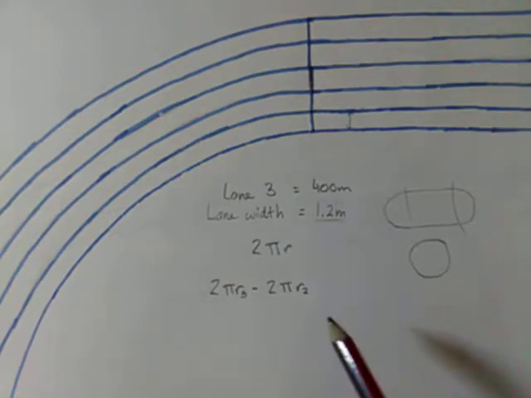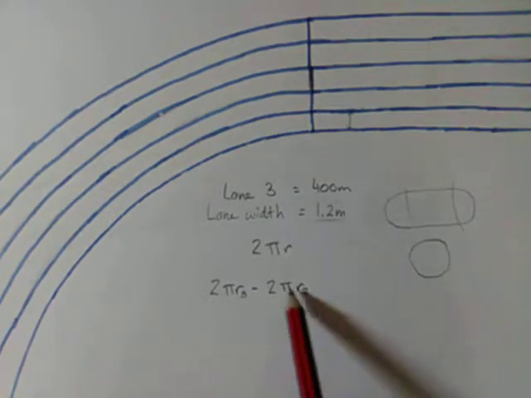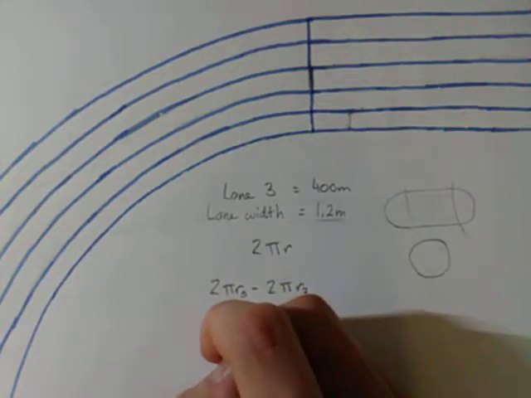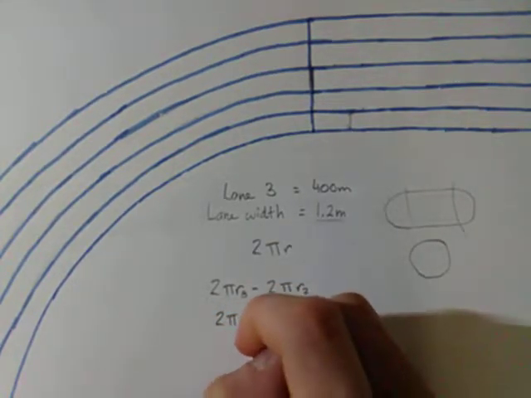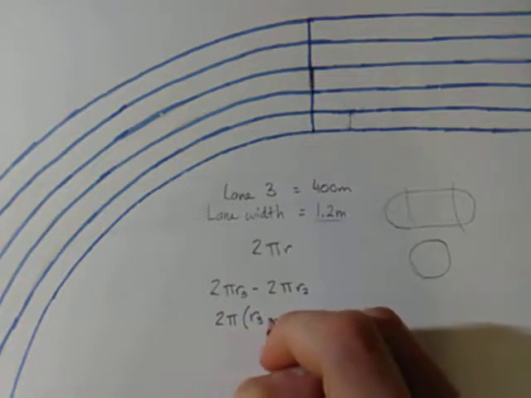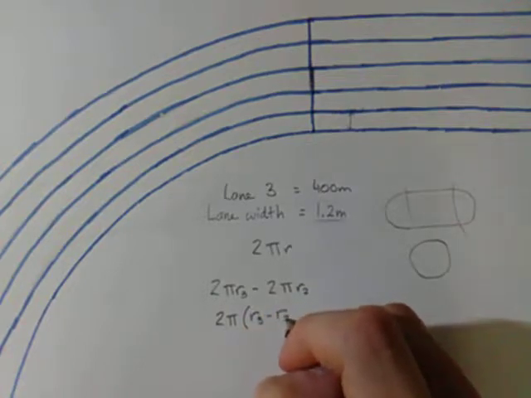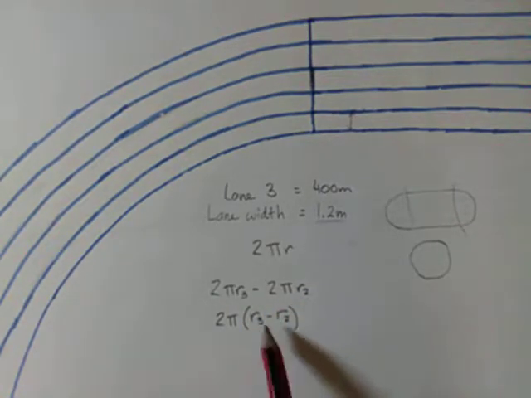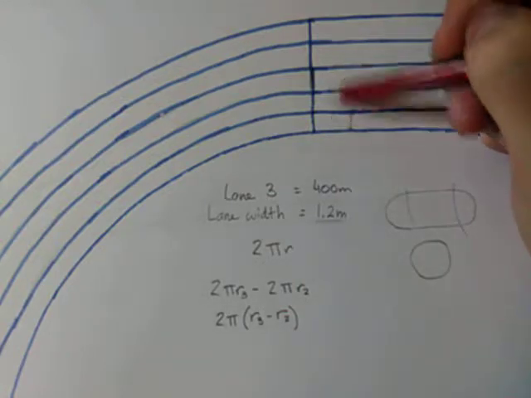Now, if we factor this out by 2 pi, we end up with 2 pi times r3 minus r2. And r3 minus r2 is the width of a lane.